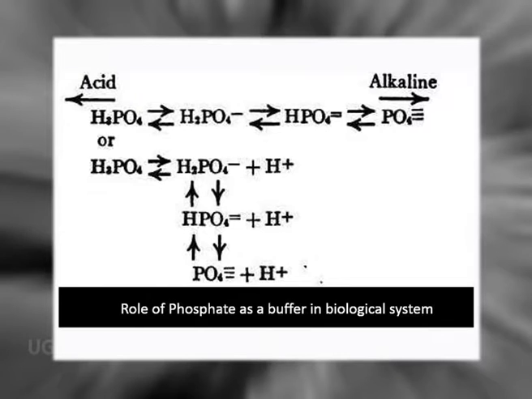And very importantly, in all living systems, phosphorus or phosphate acts as a biological buffer, because phosphoric acid on one side is acidic in nature, on the other side, when this phosphoric acid is broken into phosphate, liberating H plus ion, this phosphate will be taken up by some sodium or potassium ion, which will make the pH alkaline. So thereby the pH balance in the human body or in the animal body can be regulated by phosphate.